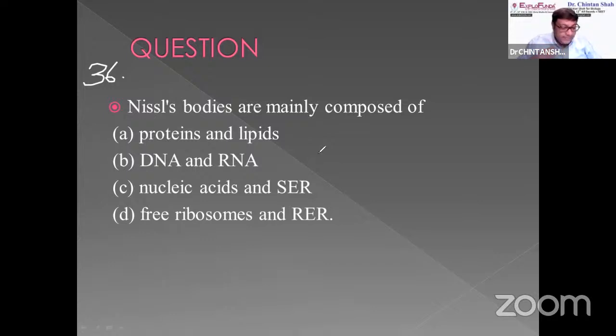Nasal bodies are mainly composed of what? Very good, Ritu. Yes, it is true that they are mainly composed of free ribosomes and rough endoplasmic reticulum. So Damya and Ritu both are right. Let me go quickly on to 37.